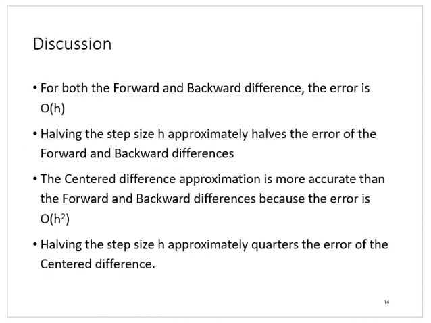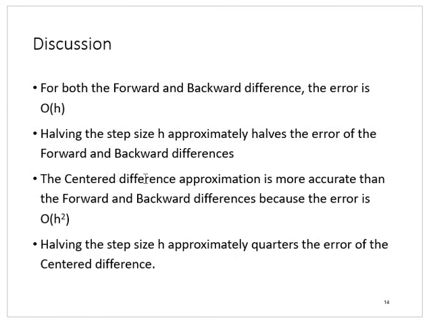For both the forward and backward difference, the error is O(h), because this is first order differentiation, and halving the step size h approximately halves the error for forward and backward difference formulas.